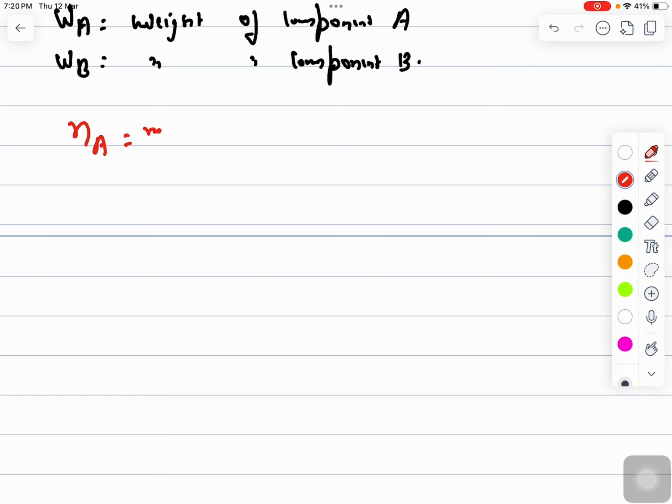Na is equal to WA by MA, and obviously Nb is equal to WB by MB.